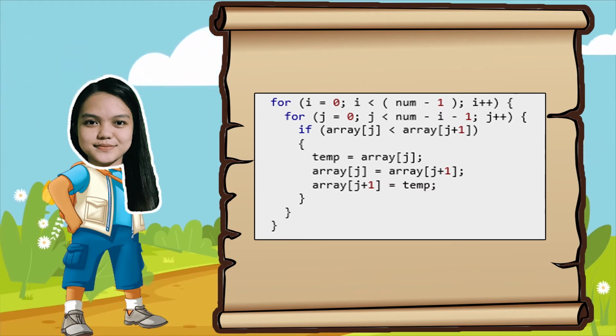For j equals 0, j less than num minus i minus 1, j plus plus. If array[j] is less than array[j+1], temp equals array[j], array[j] equals array[j+1], array[j+1] equals temp.